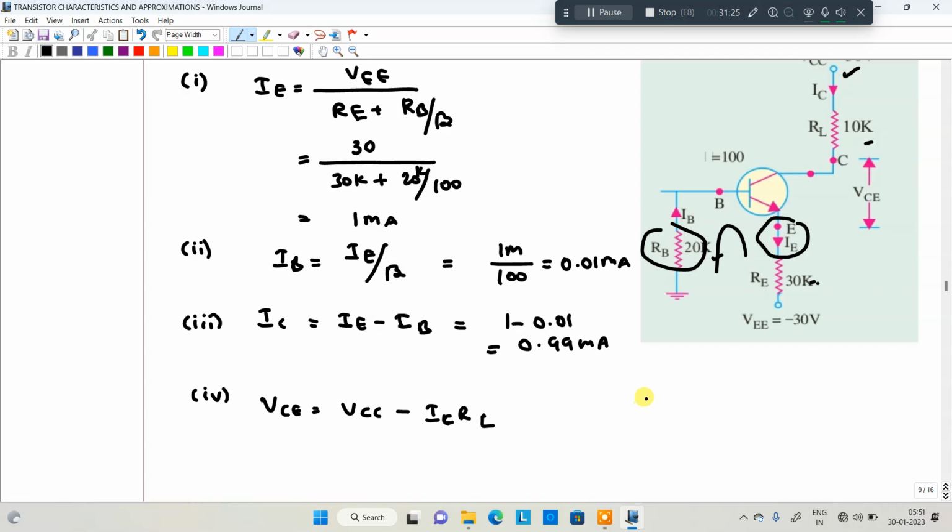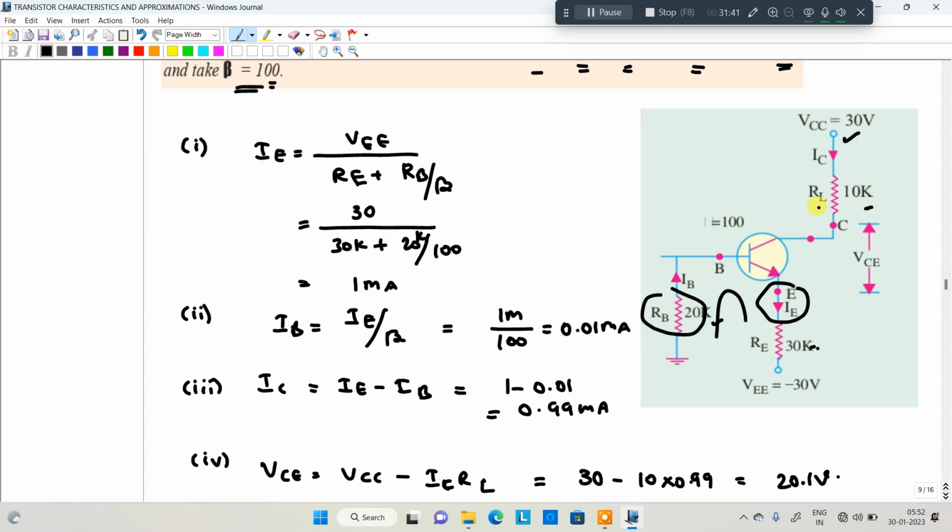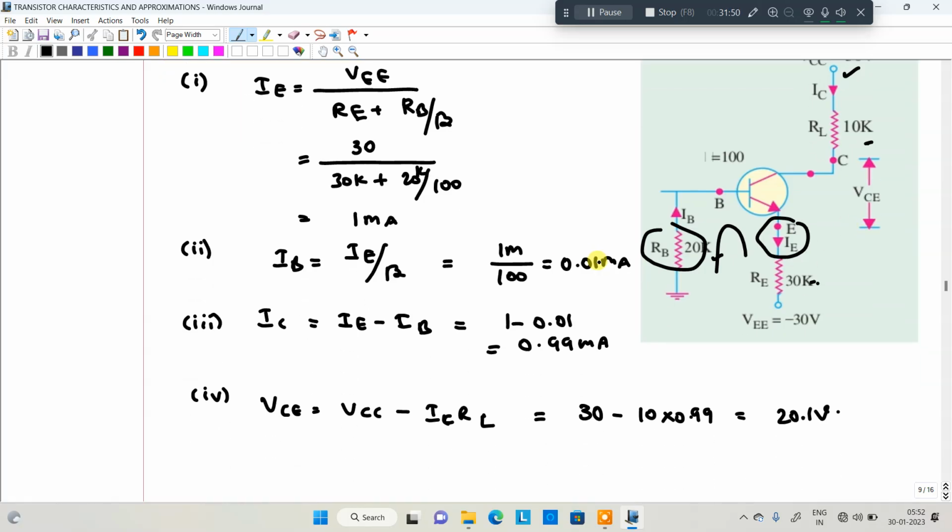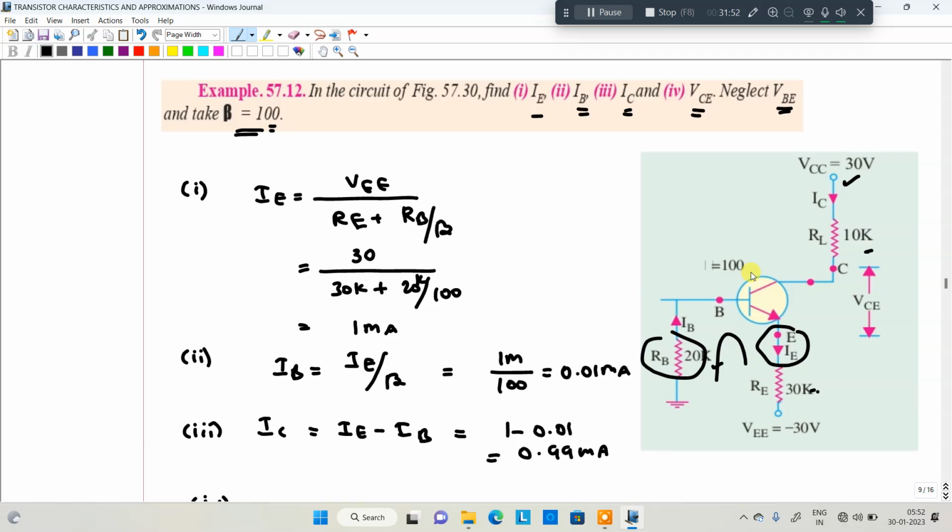So that will be equivalent to 30 minus 10 into 0.99, which is 20.1 volts. Because there are two sides and the supply is given, it is not grounded. We are taking VCE only up to here. So this is the VCE value, and this is the solution.